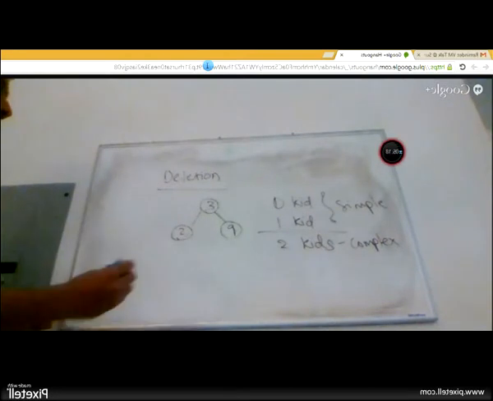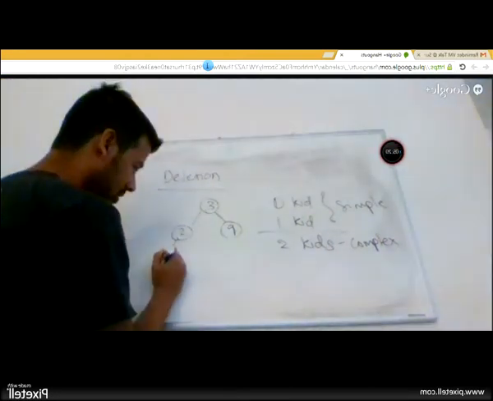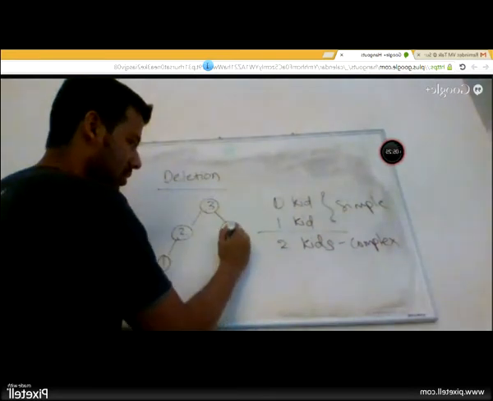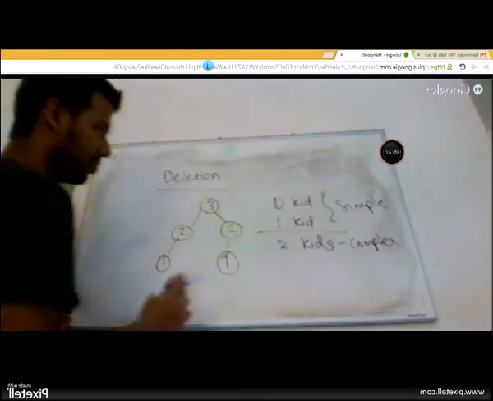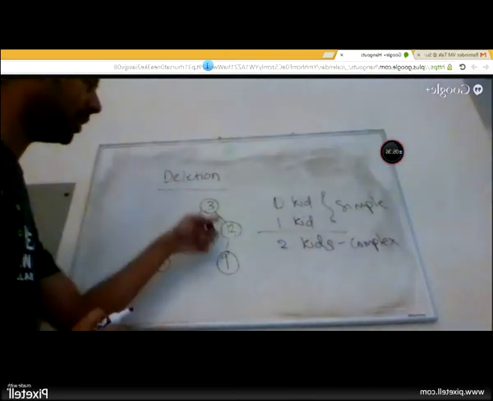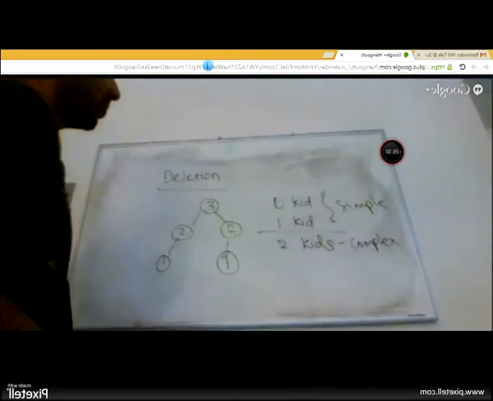So when a node has 2 kids, let's go back to my original tree. It had 2, 1, it had 12, 9. So to do this, what I do is to find out the in-order successor of that node.